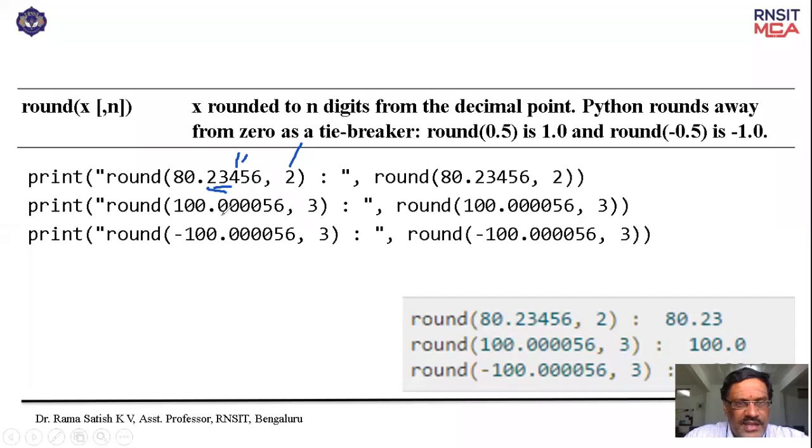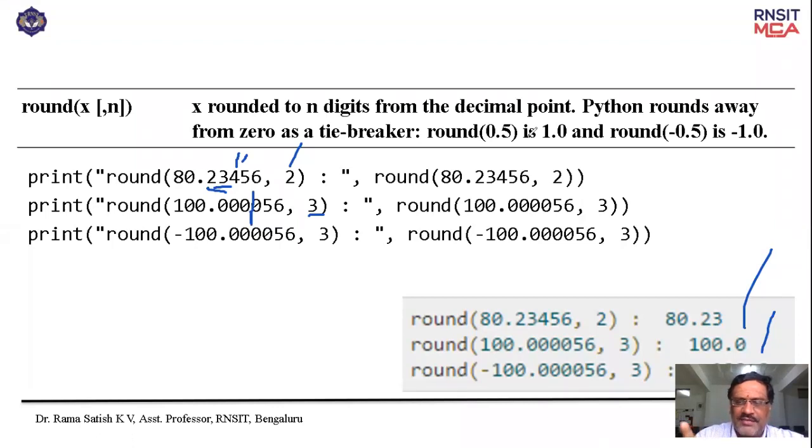Here you just see 100.0000, limited to the third digit, so you can see that is 100.000, which is nothing but 100.0 only. Same way with minus values. It acts like a ceil function if the fractional value is more than 0.5.